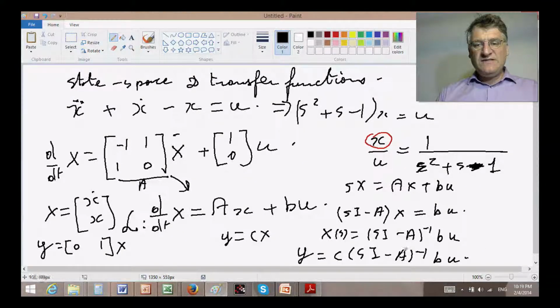Okay? Let's see if all this math makes sense. For that, I will just keep that formula at the end and erase everything else.